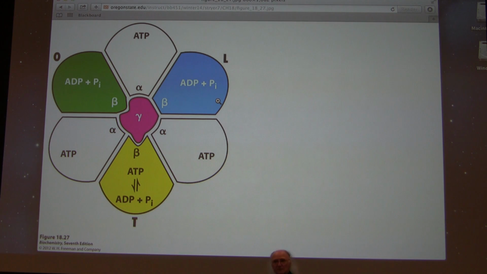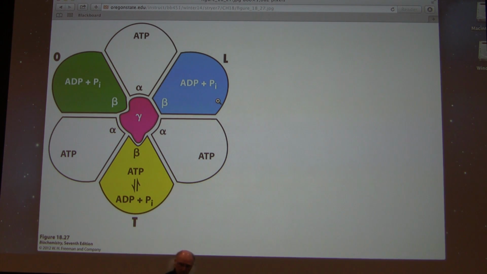O is going to become L, which means it's going to accept ADP and Pi, right? This indented pointer down is going to point down here, and T is going to become O. And what is O going to do? Release the ATP that it made. So this thing just spins, spins, spins, and every time it spins, it produces an ATP.